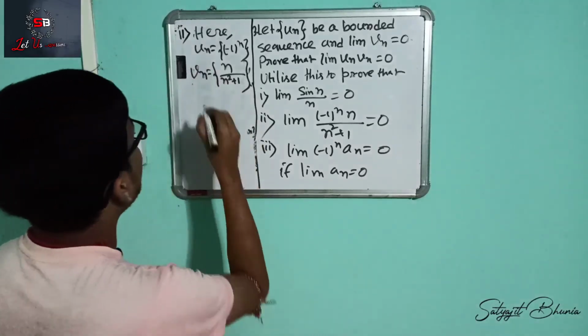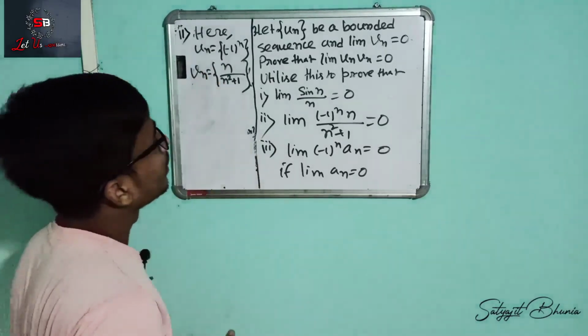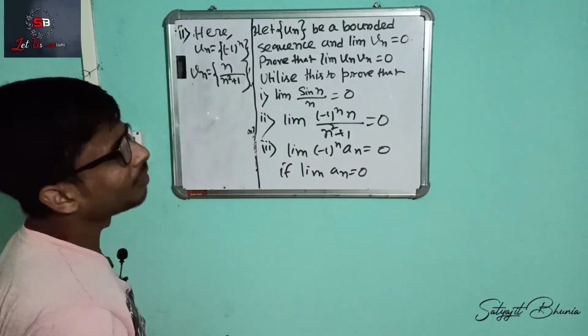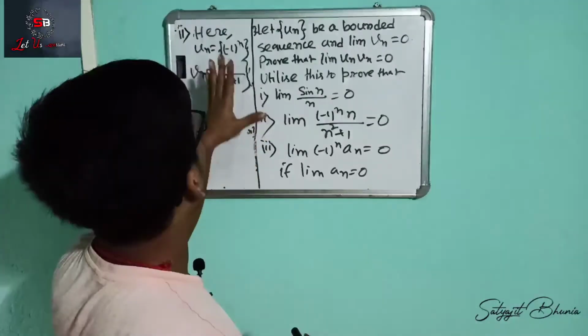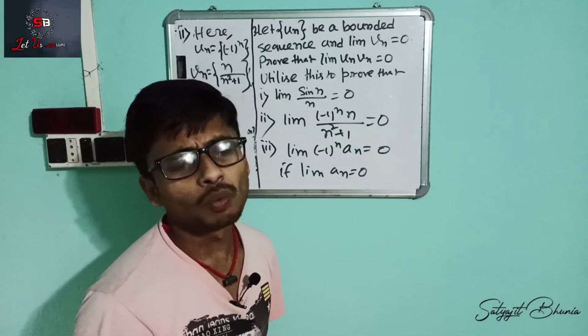Okay, now we can easily see that this sequence un is bounded since all its elements are either minus 1 or 1.